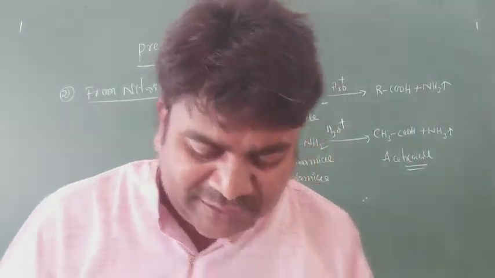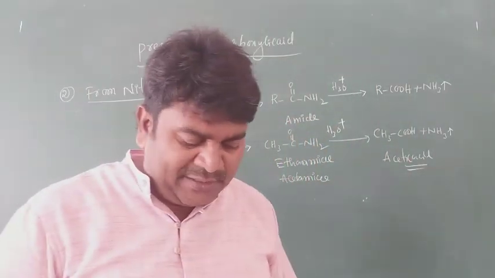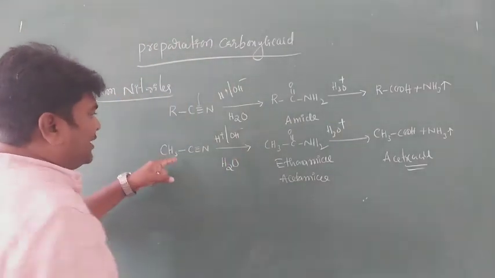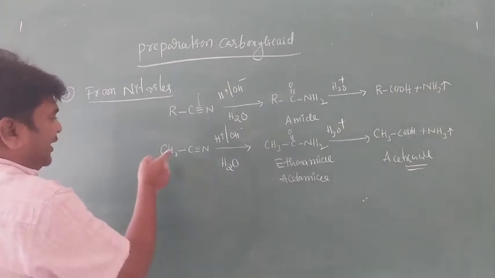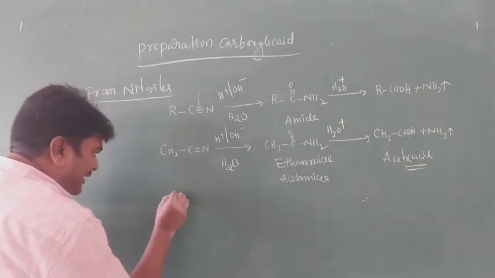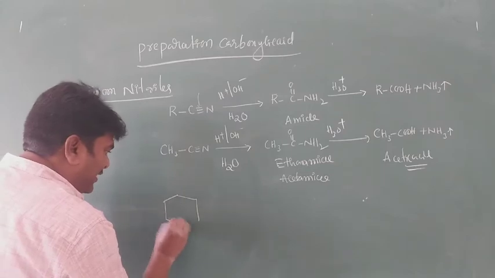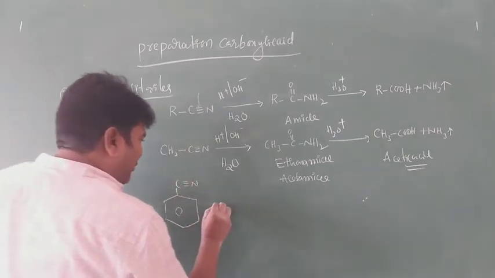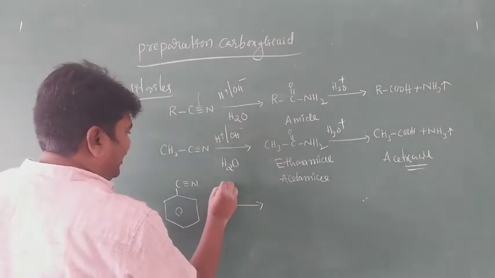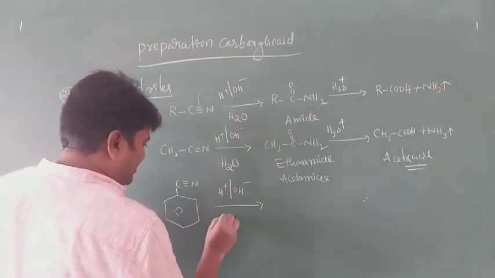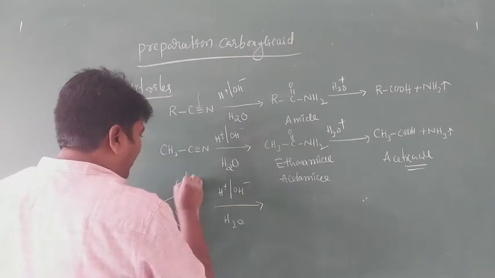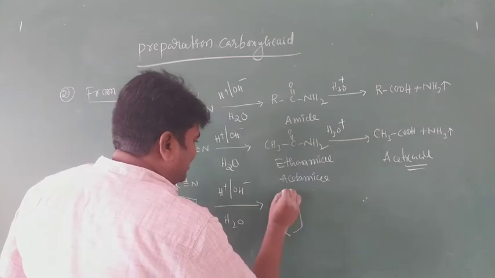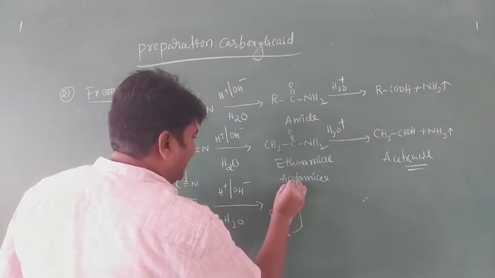Now I'll discuss not only this one. If you take this one, this is an aliphatic nitrile, and now aromatic nitriles. See there. It is very important. It is C triple bond N in presence of H plus or OH minus and H2O. Here two pi bonds are lost. You will get C double bond O, NH2.